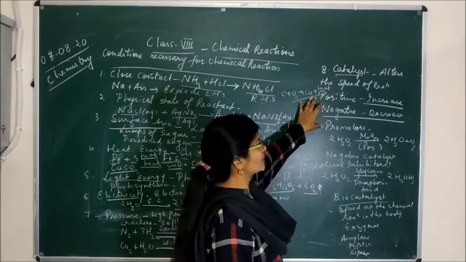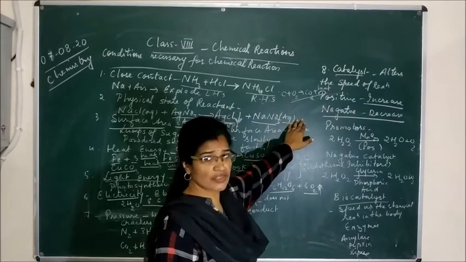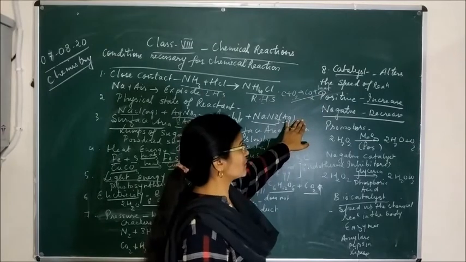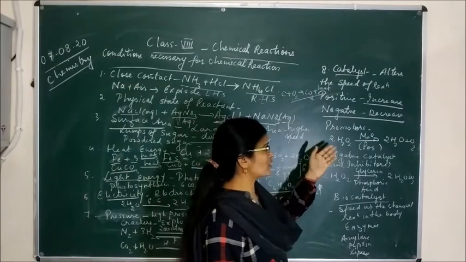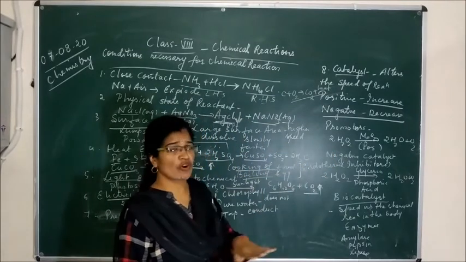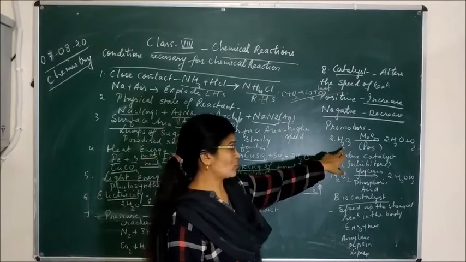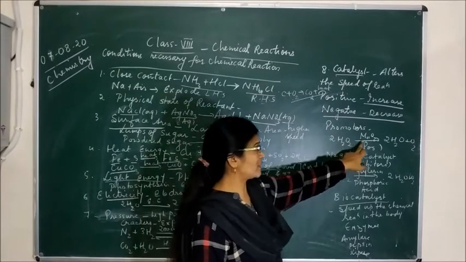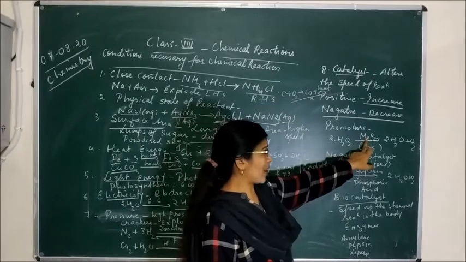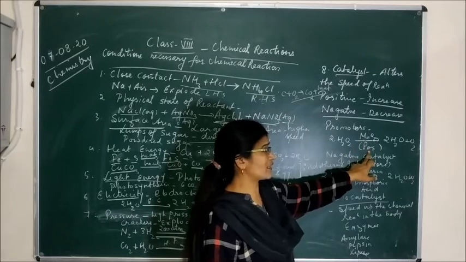So here we can see that there are some catalysts which increase the speed of reaction and some which decrease it, and they are also called promoters. Promoters are also involved in the chemical reaction, like H2O2, hydrogen peroxide, in the presence of manganese oxide, which is a positive catalyst.